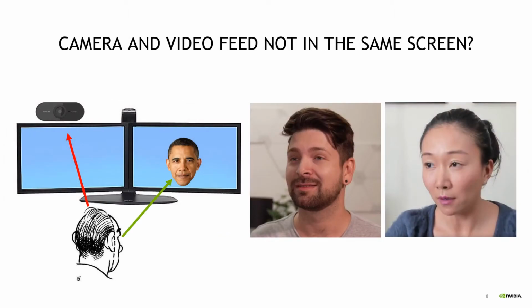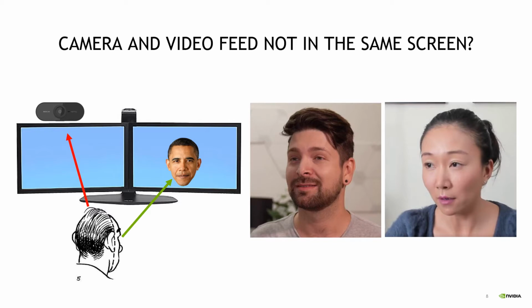Many of us have a dual screen system, and we often mount the webcam on one screen. Sometimes when we have video conferencing, the window that displays the other person could be on a different screen from the one with the webcam, and then we appear not to look at our friends or colleagues in the face, and there is a lack of eye contact.